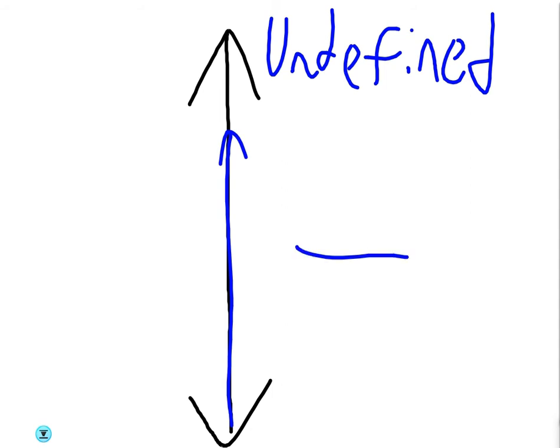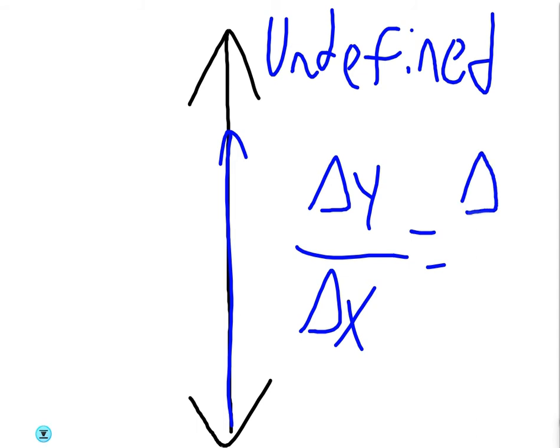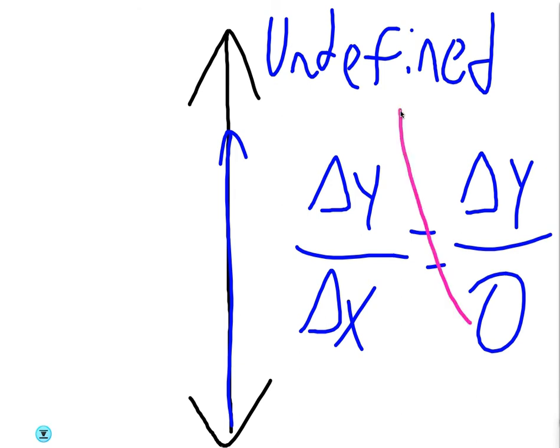So if we do change in y over change in x, it doesn't matter how far up or down you go. If you're dividing by 0, what do you guys know about dividing by 0? Can't do it, right? 0 doesn't fit into anything, and that's why a vertical line is undefined.